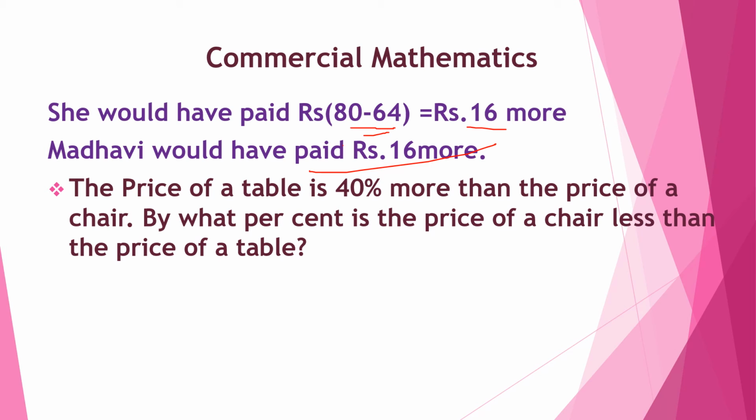Next, going with the second sub part. The price of a table is 40% more than the price of a chair. By what percentage is the price of the chair less than the price of the table?